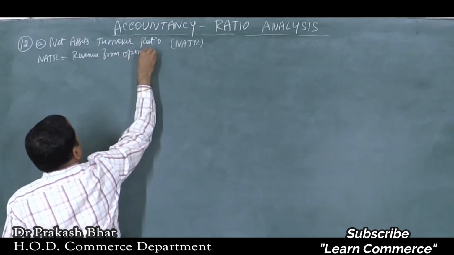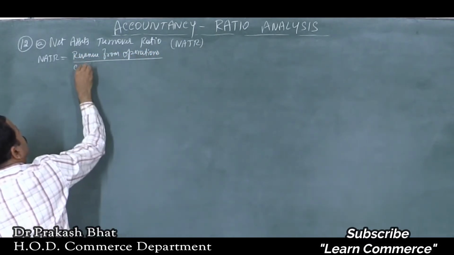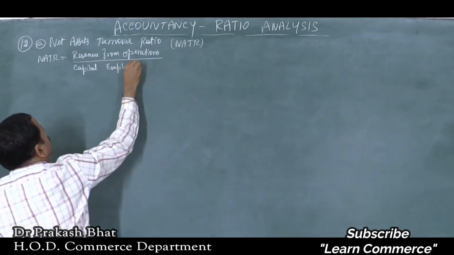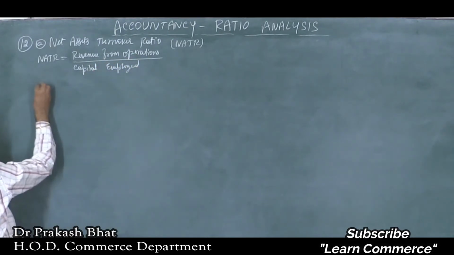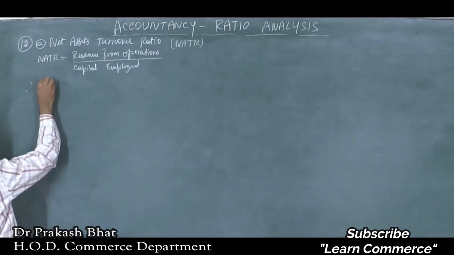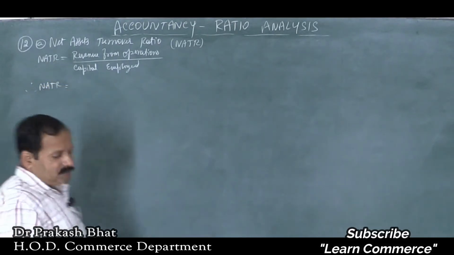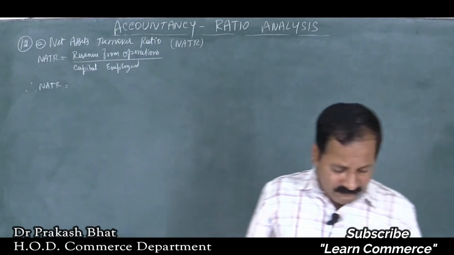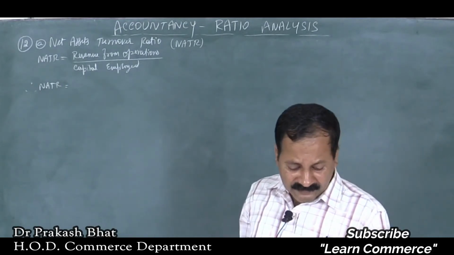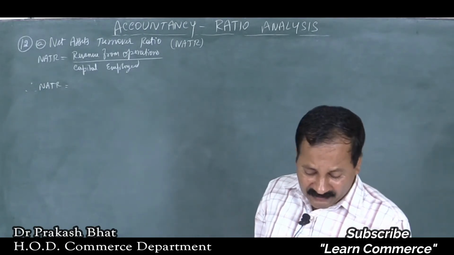Revenue from operations given in the problem, therefore NATR is equal to that is 15 lakh given in the problem, isn't it? Then capital employed is also given in the problem as 40 lakh, isn't it?